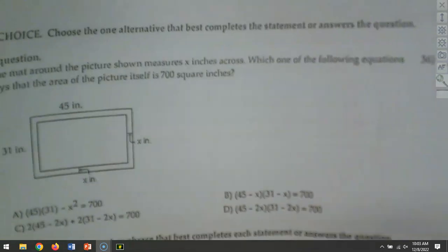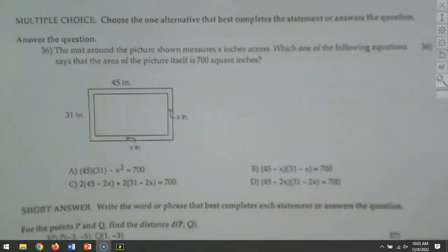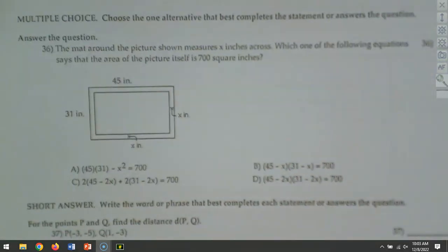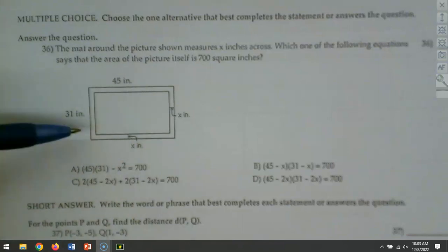On 36, I can't partly work this one out. I've got to completely work it out so you see what the answer is. And we're going to go through this one, and we're going to use process of elimination. So when we look at this, let's think about first what we've got. We've got a mat here, and it's got a border around it.